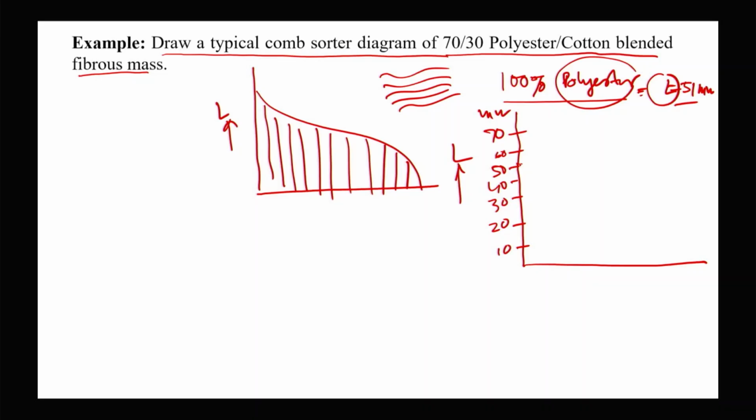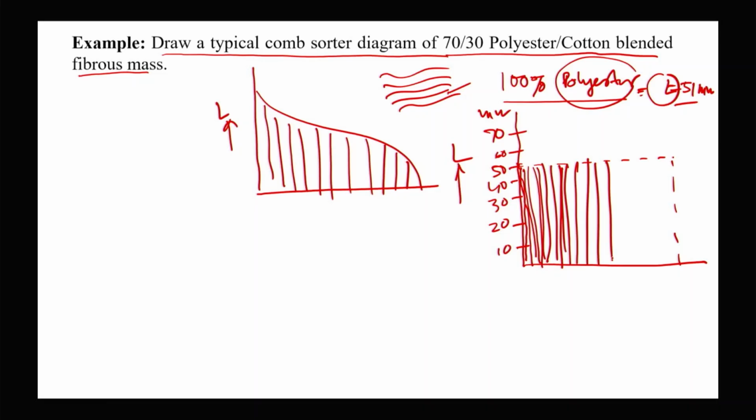Now in comb sorter we take the maximum length first. One fiber we take, and when we try to take the next fiber, we find it also has the same length. In this way we arrange the fibers of equal length. So this is the comb sorter diagram of 100% polyester of 51 mm cut length.